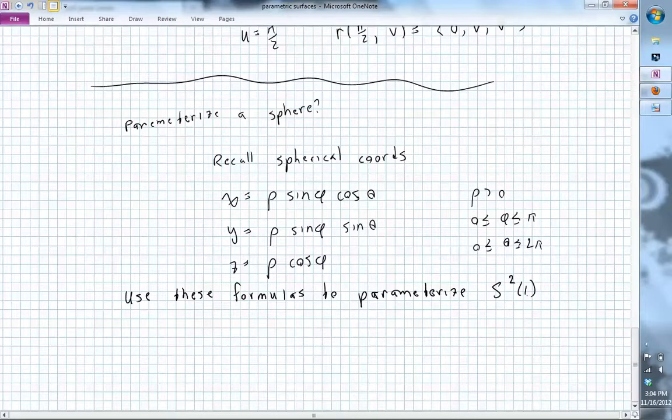The sphere of radius 1, which mathematicians would denote S2 of 1. I better put that in there just so you know the sphere. So S superscript 2 of 1 means it's a two-dimensional sphere. So S1 of 1 is the unit circle of radius 1.